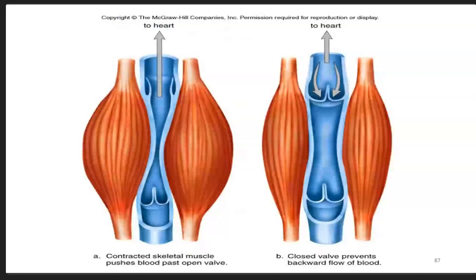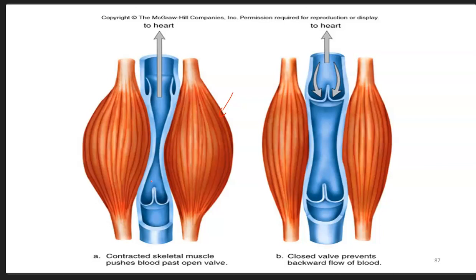As you can see here, two diagrams showing the effects of contraction of skeletal muscle. This is the skeletal muscle that contracts and pushes the blood towards the heart, so that it passes through the valve as well.